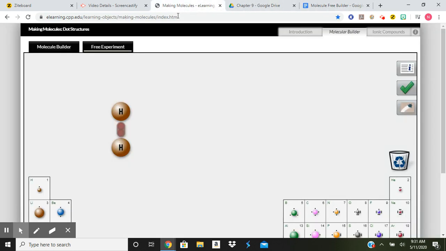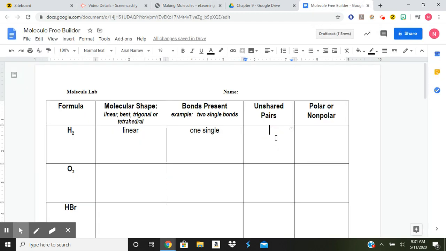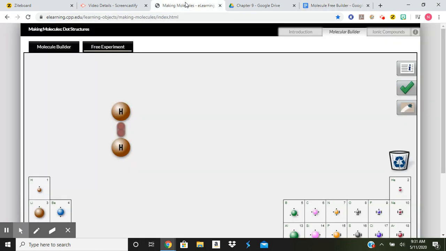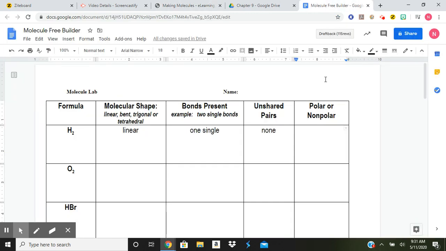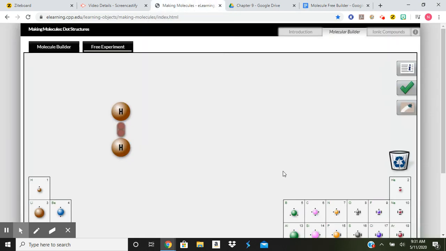Are there any unshared pairs? No, there are no unshared pairs. So you would type none, don't leave it blank. And then polar or nonpolar, does it look even on both sides? Well, neither have any unshared pairs, so yeah, it is even. So even is nonpolar. And that's what you would do for each one, okay? When you need to go to the next one, you can hit a couple things.